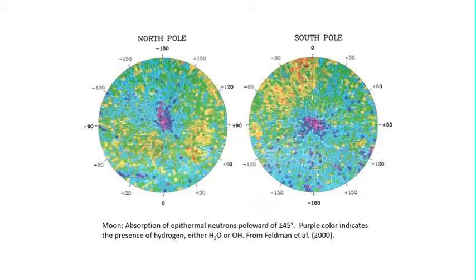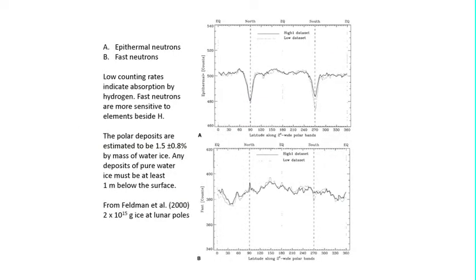So you see less, you get a lower signal when you have the hydrogen because they're absorbing the neutrons. Now the fast neutrons don't show that same kind of signal.